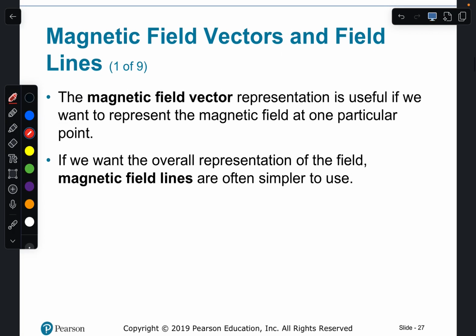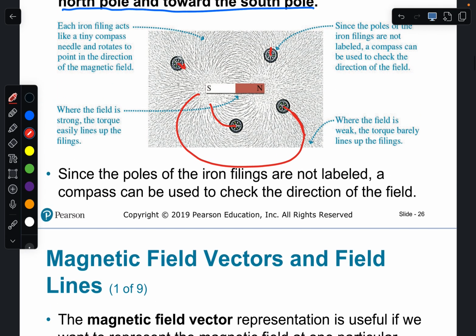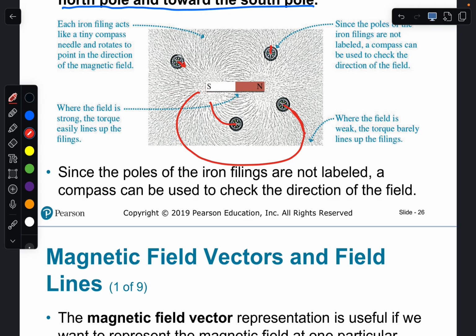What about the vector? We go between vectors and lines a lot, even with electric fields. What's the difference? Lines are just a representation. Lines can be rounded and squiggly. Vectors are always tangent to the magnetic field lines. So red is the magnetic field lines, B is the magnetic field vector.